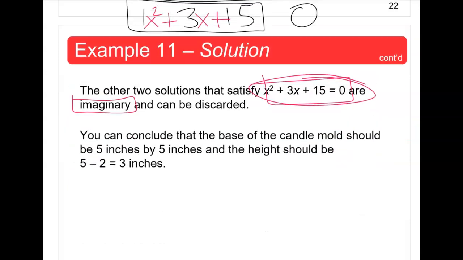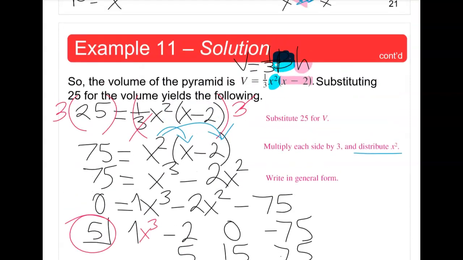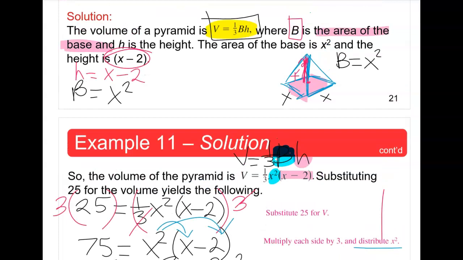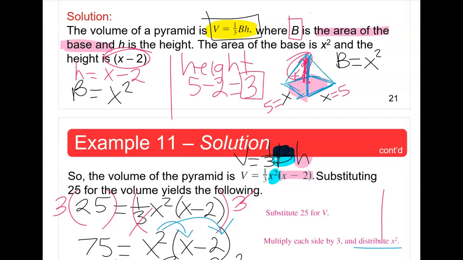And so that is what we need for x. We need x equals 5. And so on this pyramid, each side will be equal to 5. And then the height, which is 2 inches less, will be 5 minus 2, which is going to be 3.